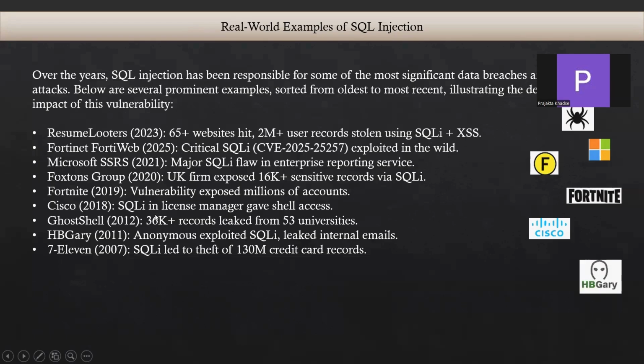In 2025, a major vulnerability called CVE-2025-25257 affected 48 devices. It was exploited through SQLi. Even big companies like Microsoft, Cisco, and 7-Eleven suffered data leaks due to SQL injection flaws. These attacks prove that even a small insecure line of code can compromise millions of users.